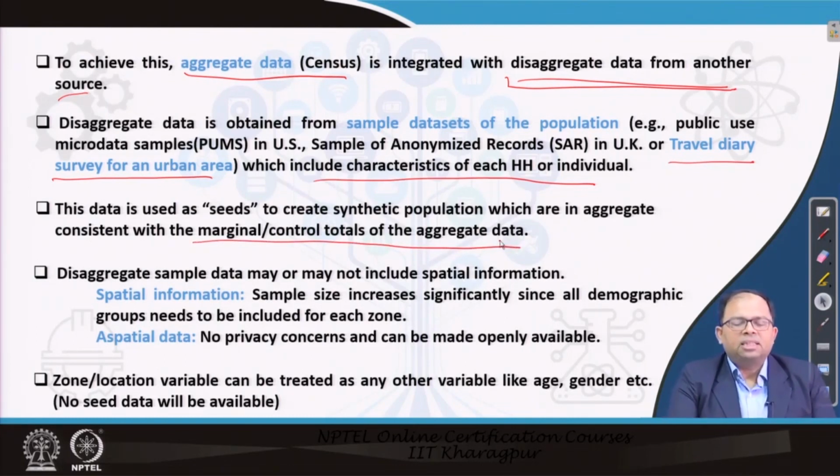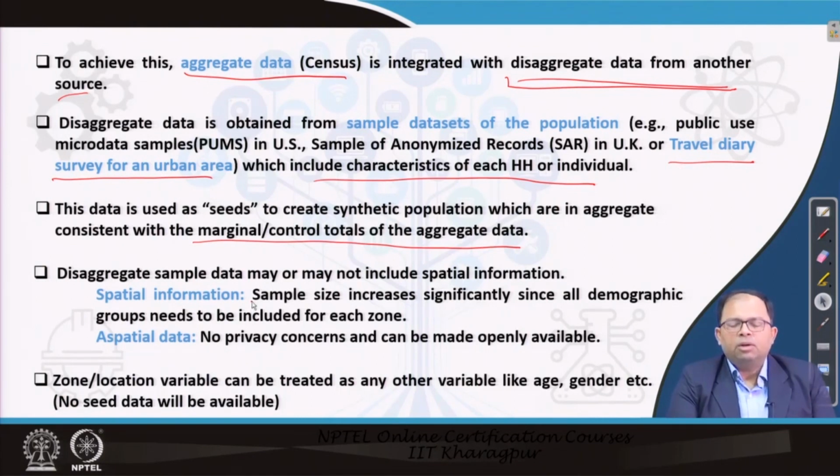And this data acts as a seed for each zone for which we are going to develop the synthetic population. So disaggregate sample data may or may not include spatial information. If we are collecting a travel diary for a particular city and we don't have to deal with privacy issues, then we have data zone-wise, and we have spatial information.